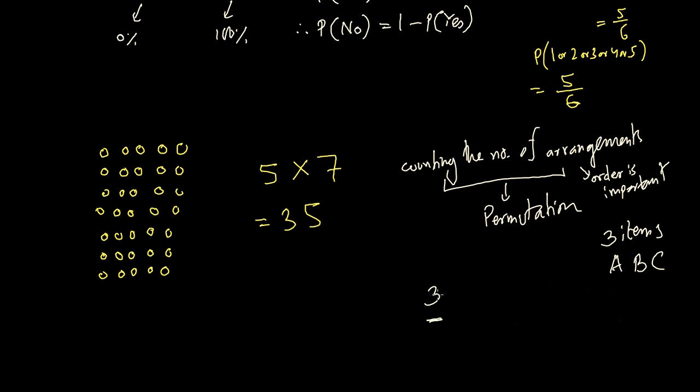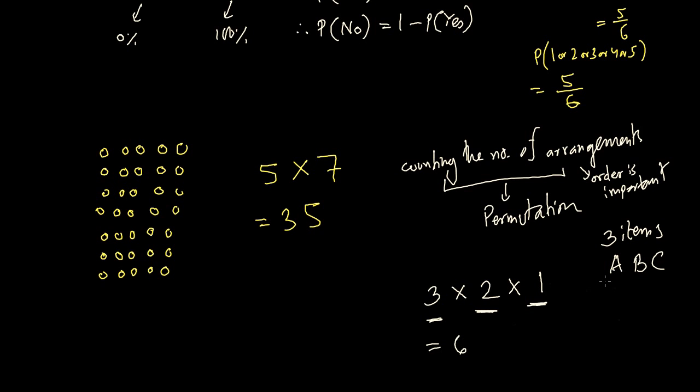We can get A or B or C, multiplied by how many ways can we get the second one? Well, if we have taken 1 item and they cannot be repeated, we have only 2 options, so 2. How many ways can you take the final one? Well, we have taken 2 and items cannot be repeated, so we have only 1 option. So 3 into 2 into 1, this is 6. So there are 6 ways.